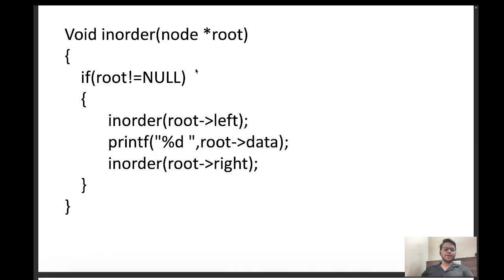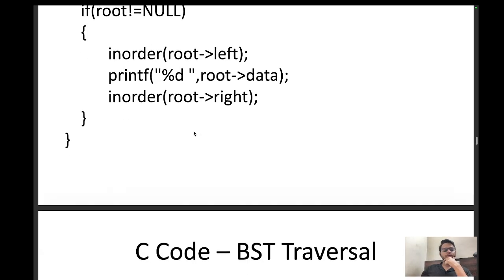This if statement is checked every time, multiple times. But in case the root remains null, then no other element will be visited in this tree.